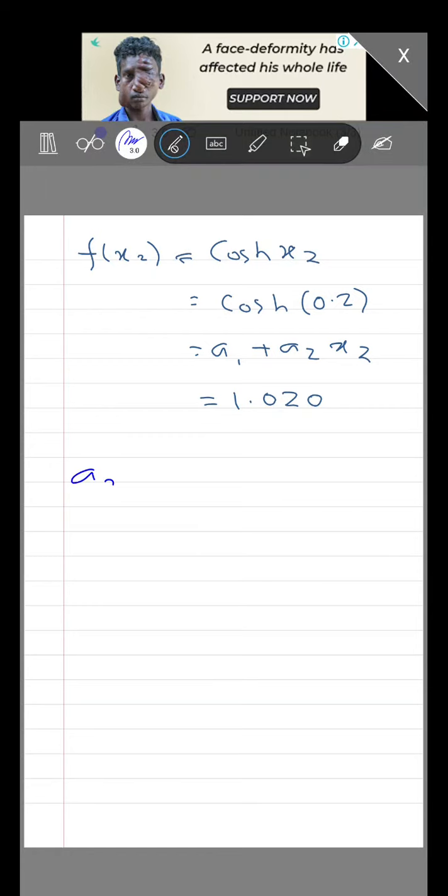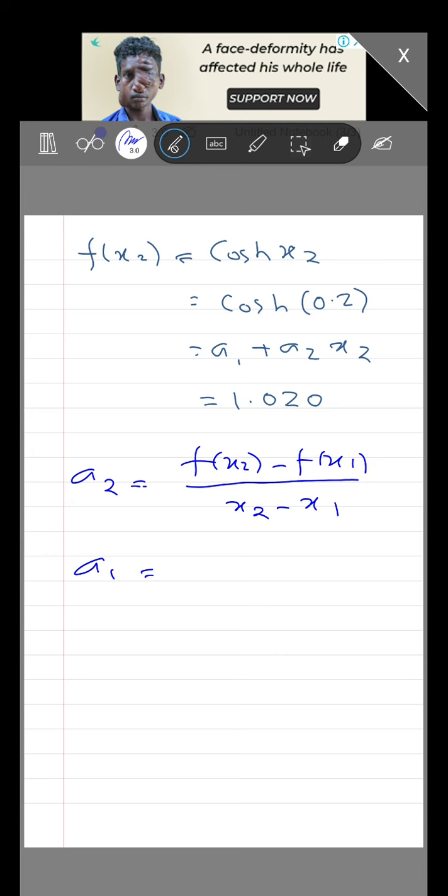So these two equations for x1 and x2 are solved, and what we obtain is the value of a2 as equal to (f(x2) minus f(x1)) divided by (x2 minus x1), and we get the value of a1 as equal to f(x1) minus x1 into a2.